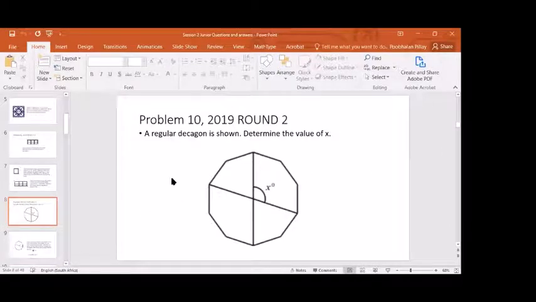We took enough time on that. The next problem says a regular decagon is shown. I'm sorry I had to rush through that because we don't have time to discuss that as far as the book is concerned. A regular decagon, so we want to know, what do you mean by a regular decagon?